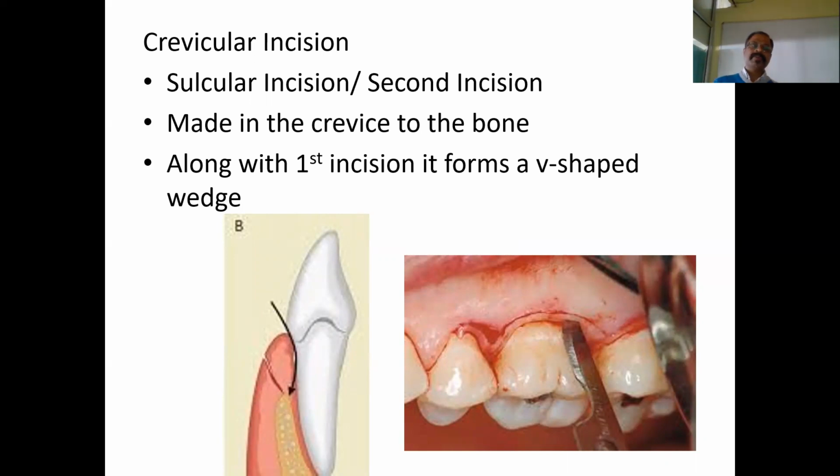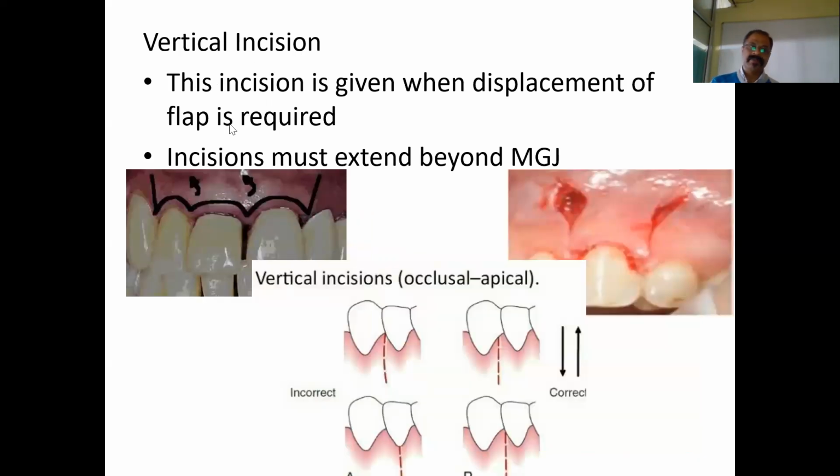Okay. Next, we come to the vertical incision. Now, again, I told you this incision is given when the flap is to be displaced, whether you want to displace the flap coronally or apically, right?